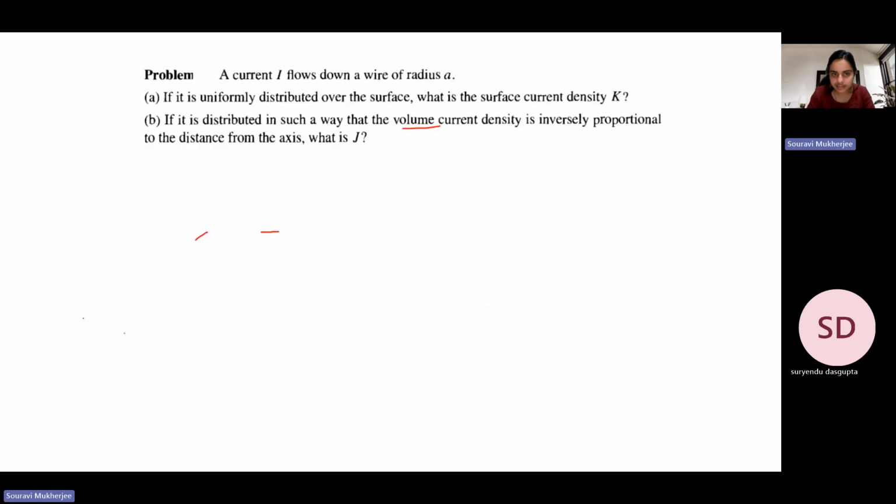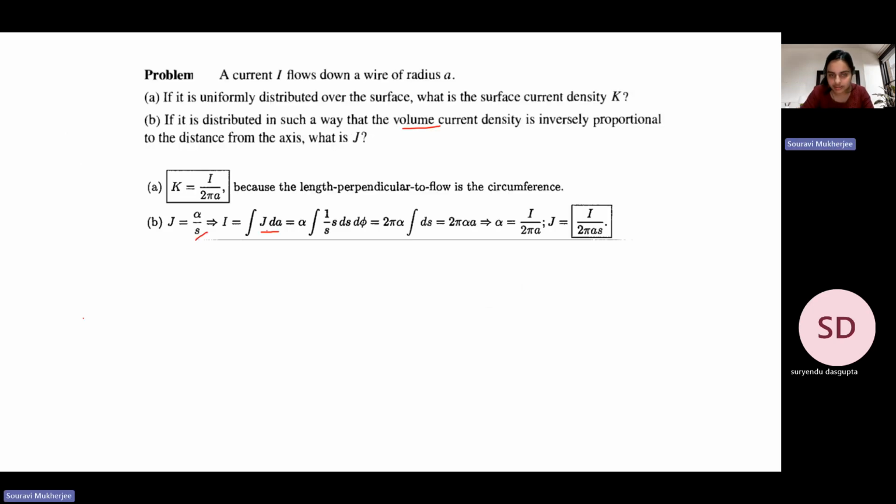So that's what has been done here. I is J dA. Now J is inversely proportional to S, so you write it as 1 by S, where S is nothing but R, the radial component.